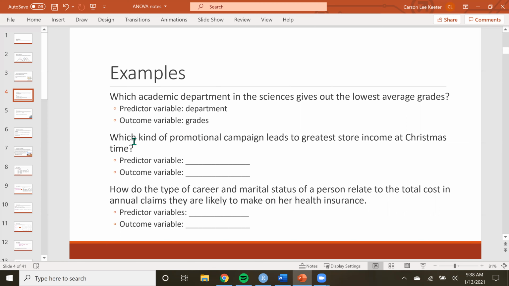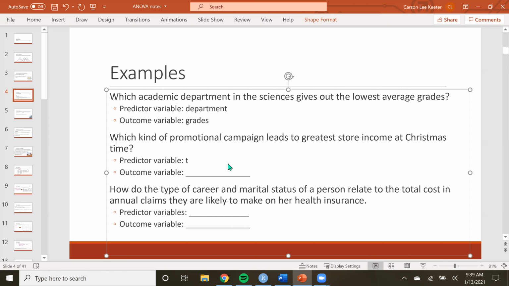Okay, the next scientific question, a research question, is what kind of promotional campaign leads to the greatest store income at Christmas time? This is maybe outside of your realm if you're strictly a scientist, but if you're in advertising or econ, it might be pretty apparent to you. In this case, our predictor, the thing that separates our data into different groups, is what kind of promotional campaign.